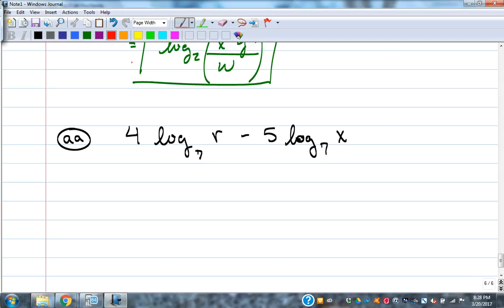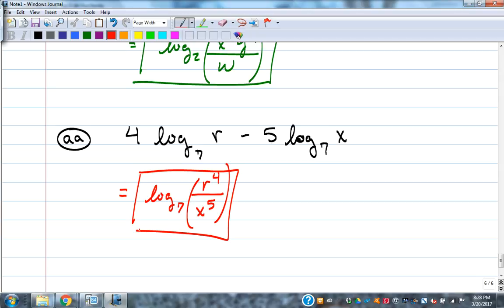See if we can do this one in one step. That's it. In one step. Good job.